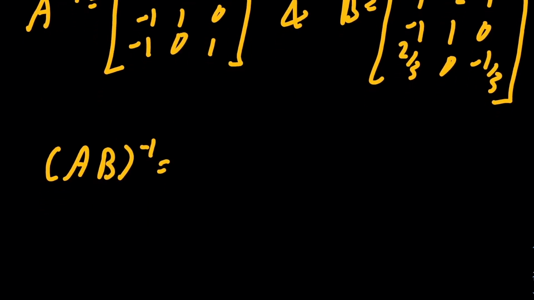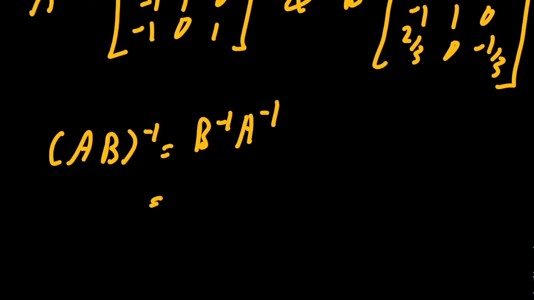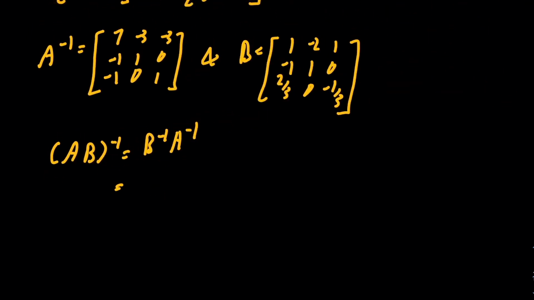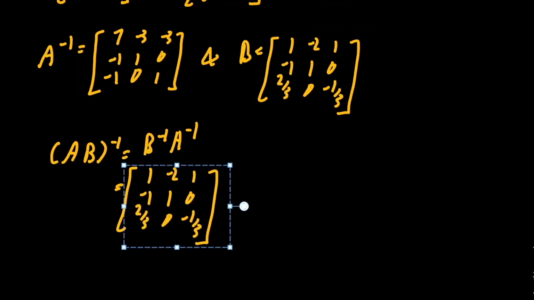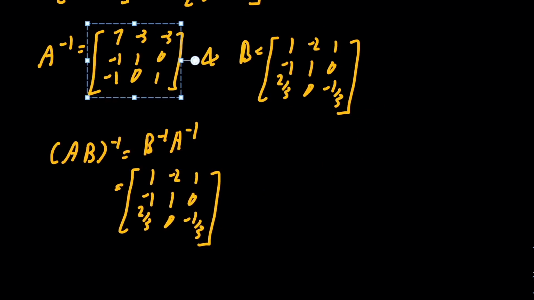So this expression ends up being B to the negative first power times A to the negative first power. And as a result, we get to multiply this matrix by this matrix.